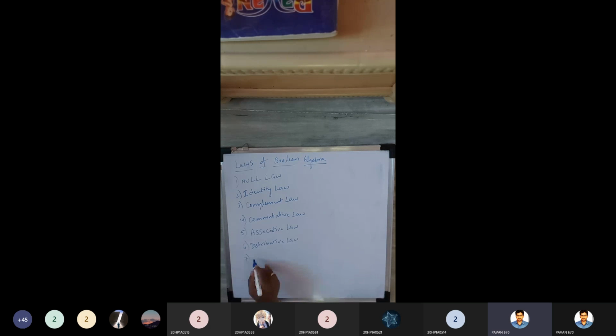Next, similarly, redundant literal rule. So here we are making an index of the list of laws that can be used in the Boolean algebra. Redundant literal rule. Next one, idempotent law.